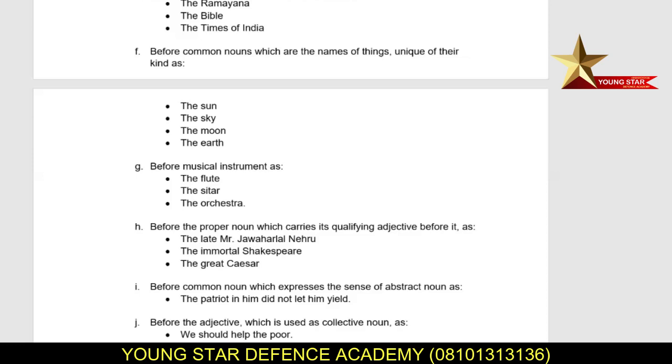Just remember, it is the sound that governs whether you use "a" or "an", not the actual first letter of the word. What it means is that "a" and "an" are not because of the first letter of the word, but because of the sound they produce. If they are producing a consonant sound, we'll use "a" with that. If they are producing a vowel sound, we use "an" with that.